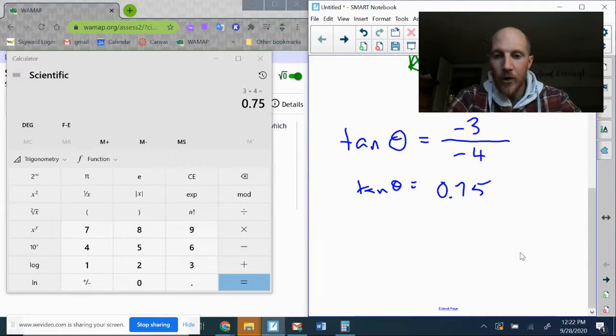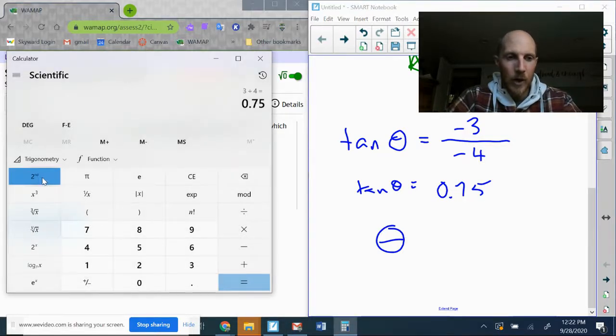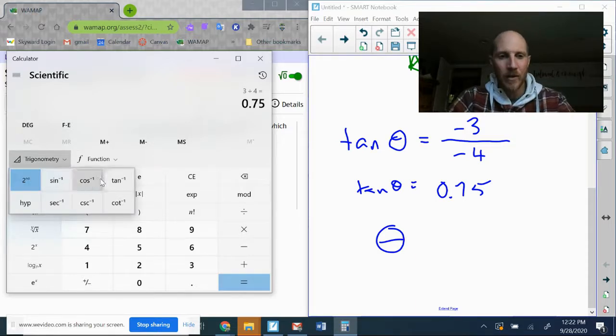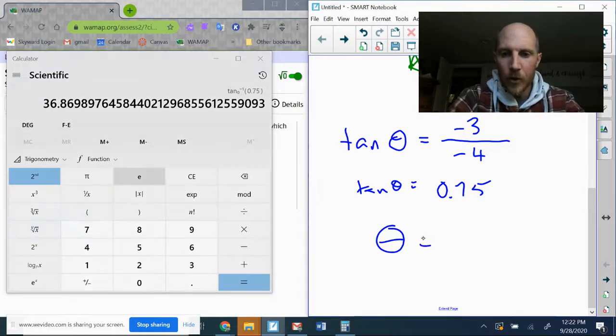Okay, so now I still need to get the angle. So the tangent of the angle is 0.75. So on my calculator, I'm going to go into the trig menu and then hit second inside of there, inverse tangent. On your calculator, you might not have different second buttons. You just have the one.